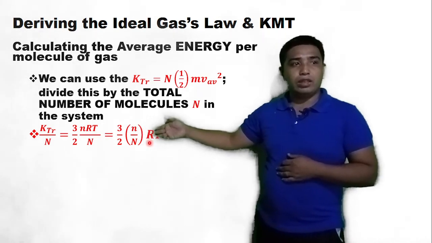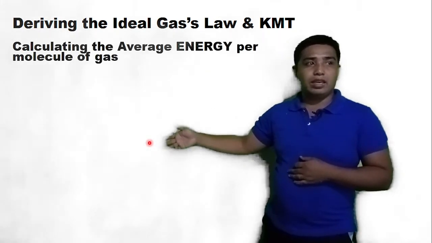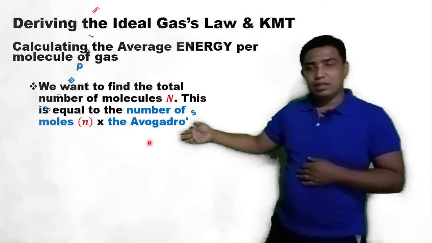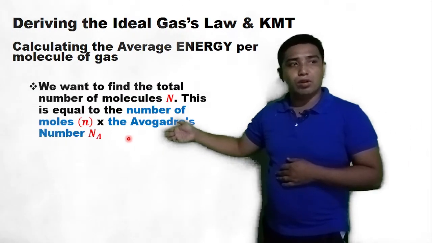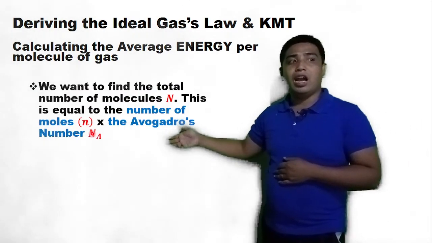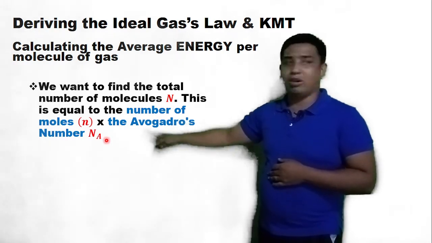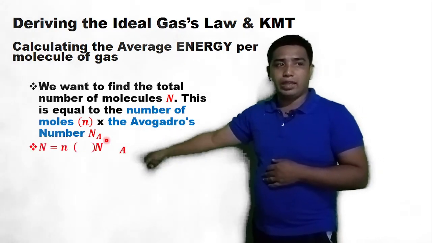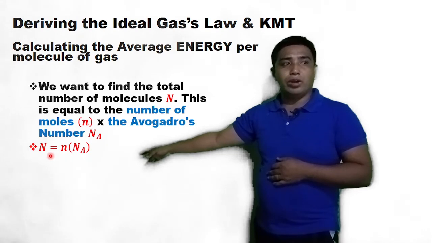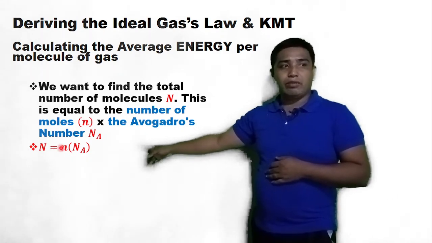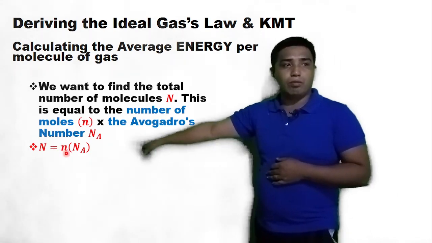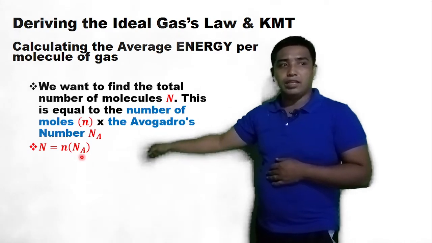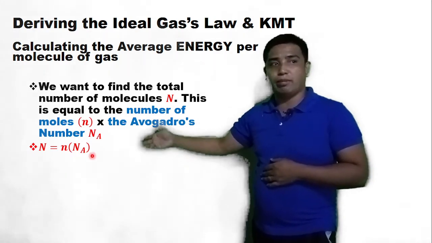So we want to find the total number of molecules, and that is equivalent to the number of moles times the Avogadro's number. So we have the formula: N, the number of molecules, is equivalent to n, the number of moles, times N sub A, the Avogadro's number.